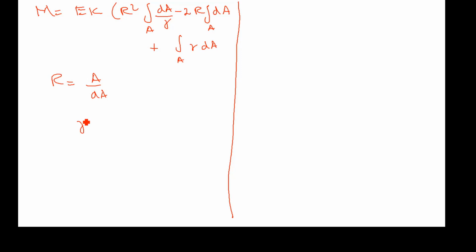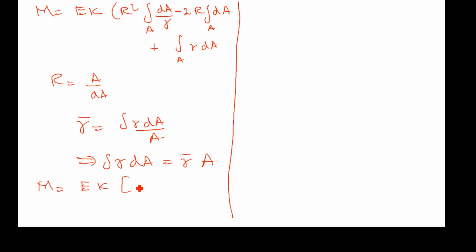So we will get r centroid equal to the integral of r into dA by A, and here we are going to get the integral of r into dA equal to r centroid into A. So this equation is going to become M equal to E into k into (r bar A minus 2 r bar A plus r centroid A), and furthermore M is equal to E into k into A into (r centroid minus r bar).